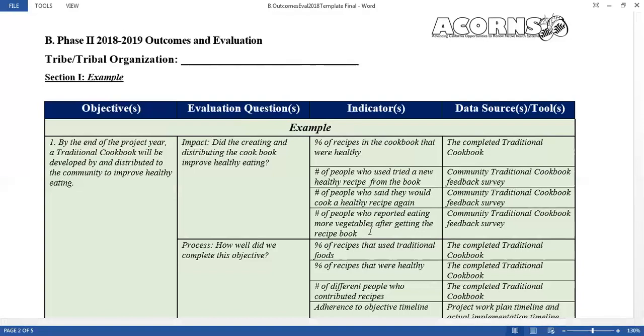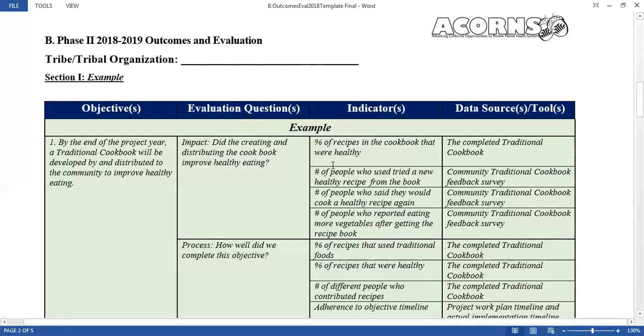And then after the cookbook was distributed, you could ask that same question again, and see the number of people who reported eating more vegetables after that. And so you're able to see if there was actually some sort of improved nutrition or healthy eating practices. So that is for the impact.